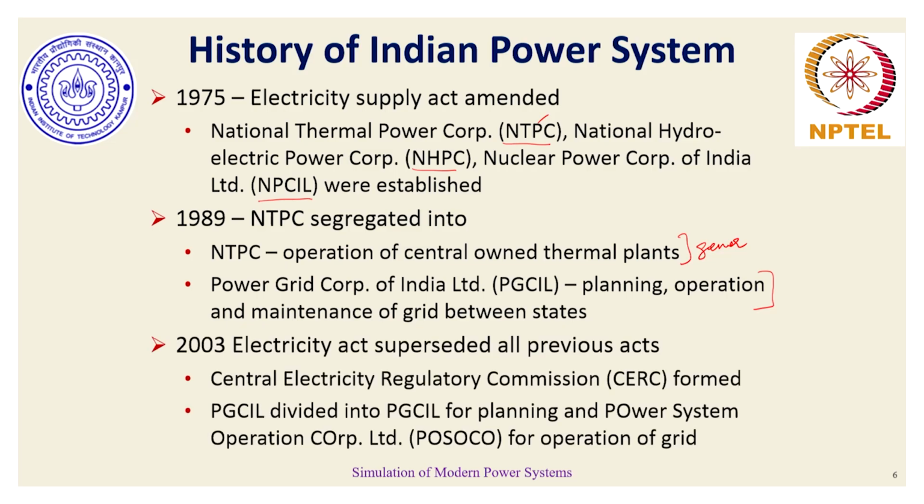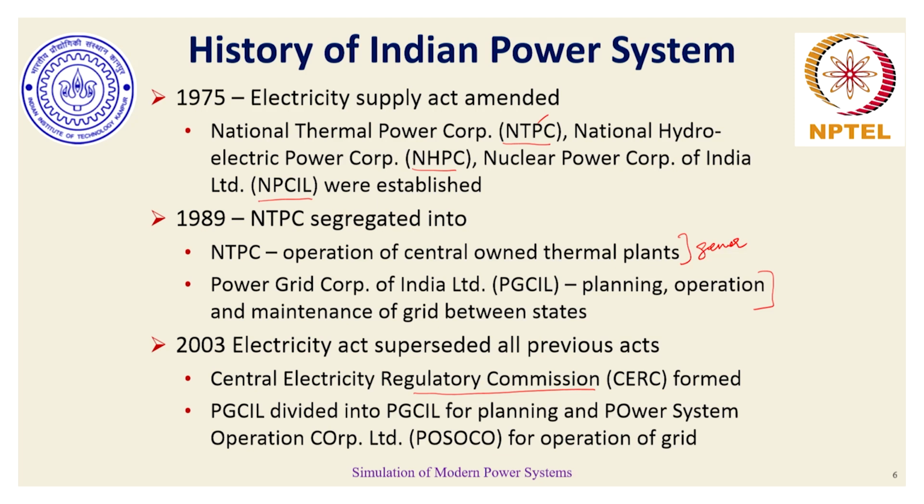Again, in 2003, the Electricity Act was amended, and it superseded all the previous acts and amendments, wherein CERC came into existence, another body parallel to CEA, which would be a regulator for the operation of the Indian power network. CEA is the planner, CERC is a regulator.